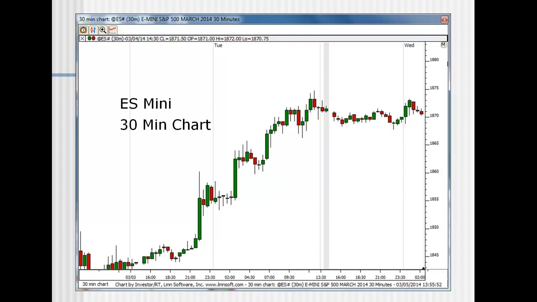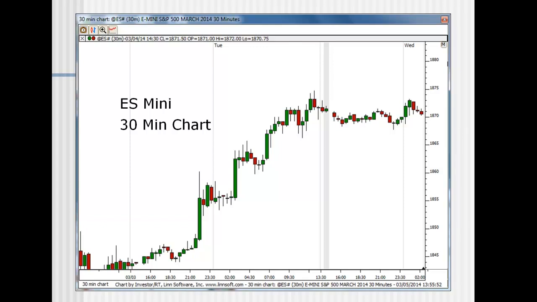So there before you, we have a basic 30-minute candlestick chart for the ES Mini. Now, it looks very bare as it is now, and of course, we could make the argument somebody could trade it simply just on candlesticks alone, but our objective is to make the process as easy and as coherent as possible.